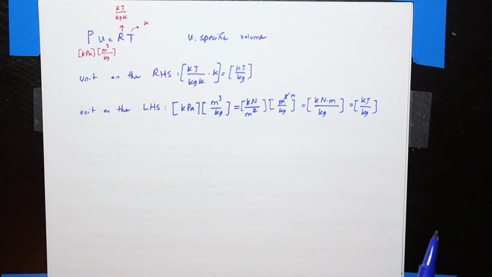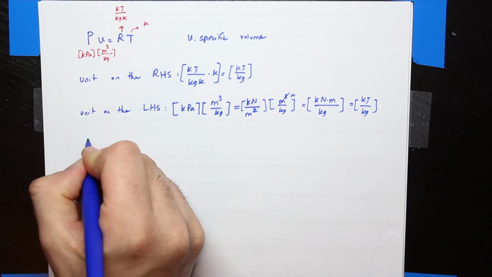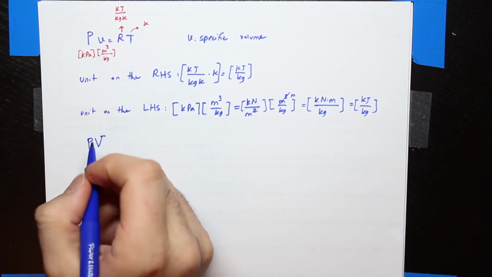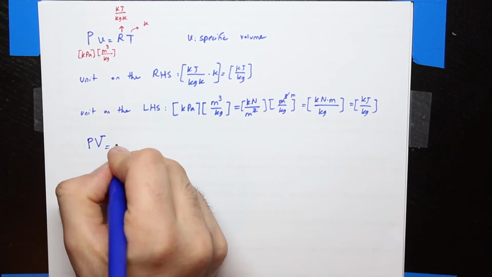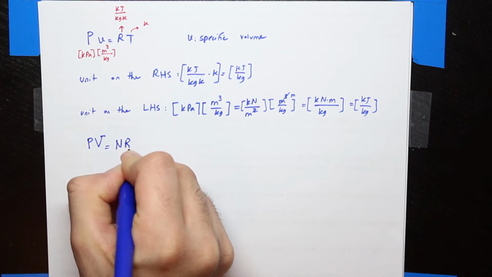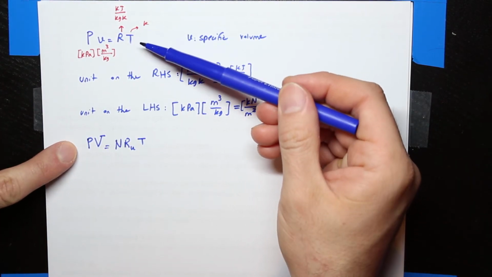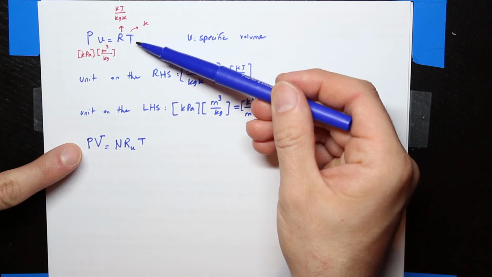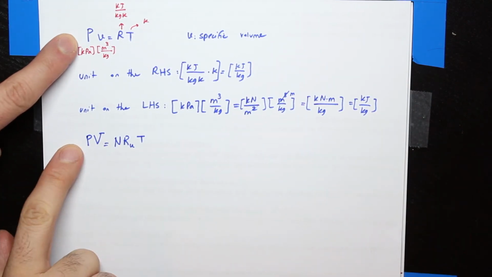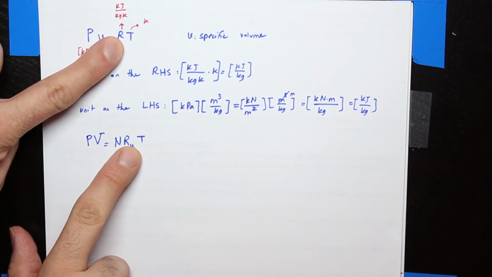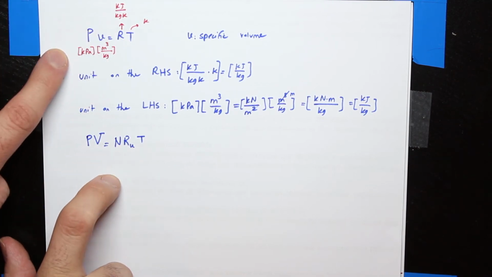Now another form of the ideal gas law that you have seen is PV equal to N RU T. This one was lowercase v and this is uppercase V. These two equations have something in common: P is the same, T is also the same, pressure and temperature.